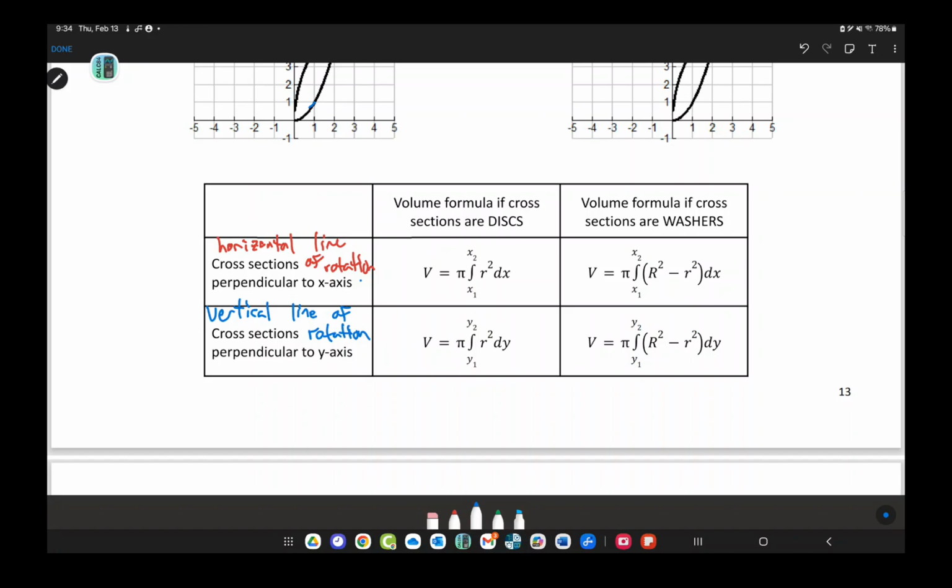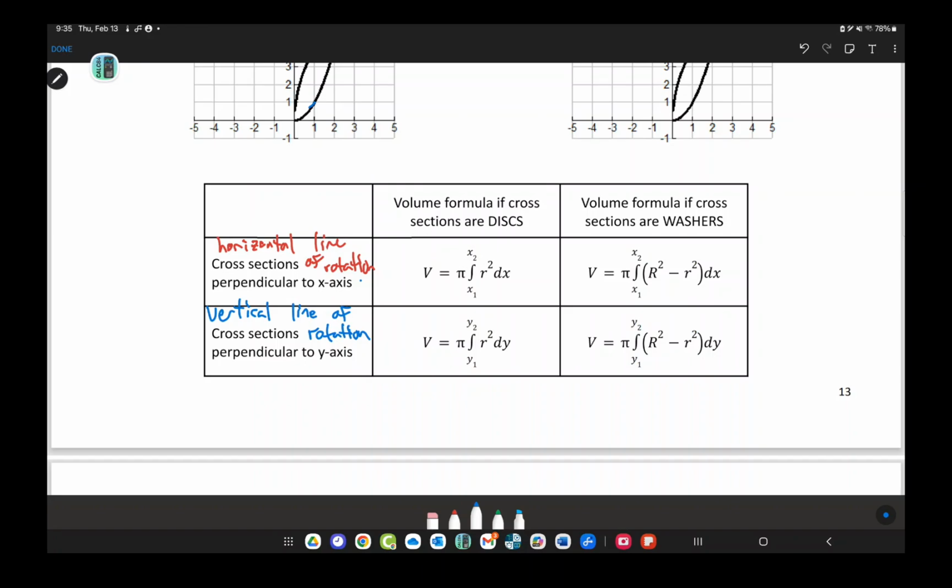Now, if I only have one function and I'm rotating around the axis, then I'm going to use my disk method. If I have two functions, then we're going to use the washer method, the second method, where again, you do need to identify what is furthest.